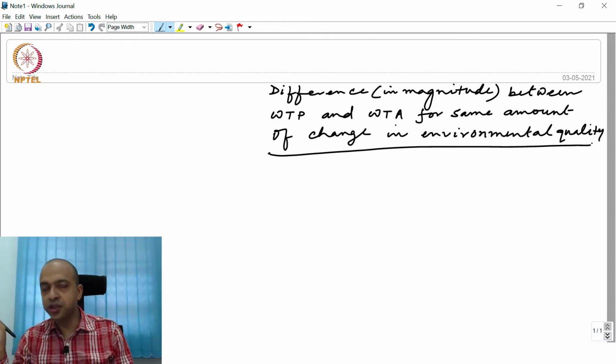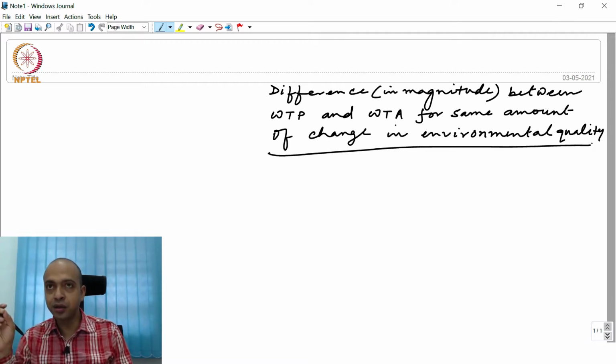So since the change is the same in terms of magnitude, that means it is always 10 liters either on the positive side or on the negative side, the willingness to pay or willingness to accept compensation amount should converge.